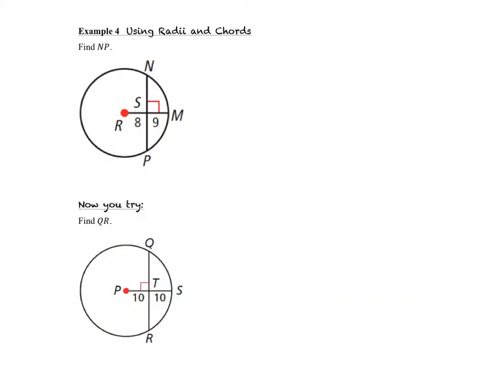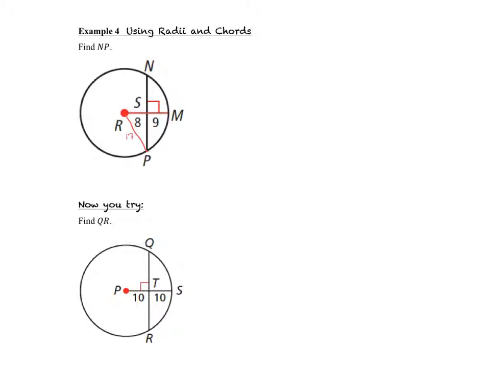For problems that look like this, where we have the radius perpendicular to the chord, bisecting the chord, what we actually need to do is draw a right triangle in here. So if I draw that right triangle in there, then I can find the length of SP, because I already know that the radius is 17, 8 plus 9, right?